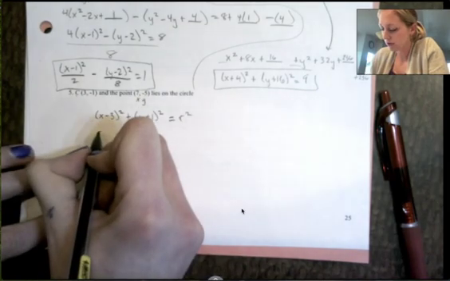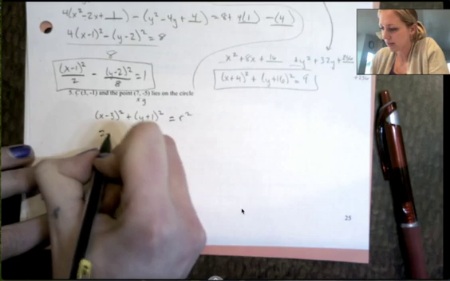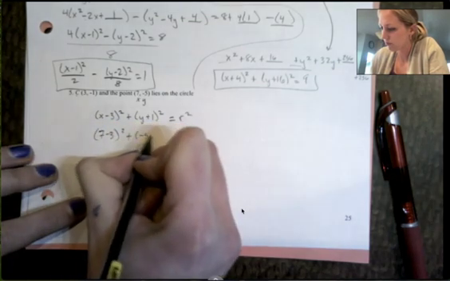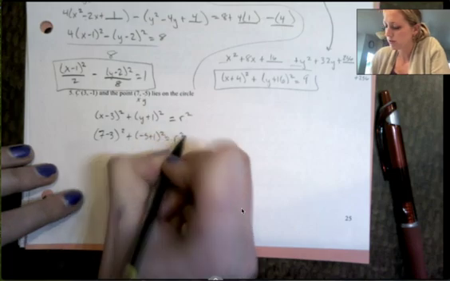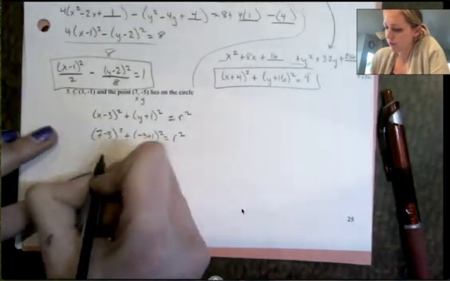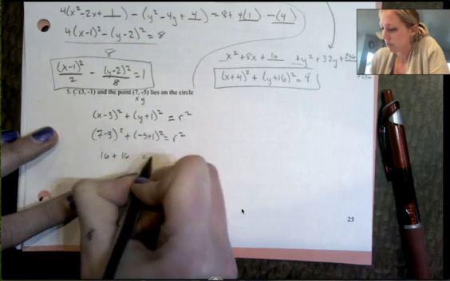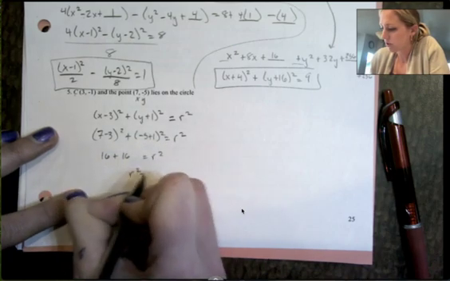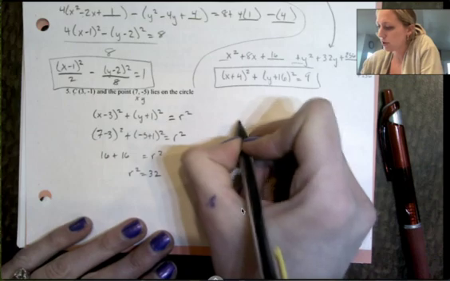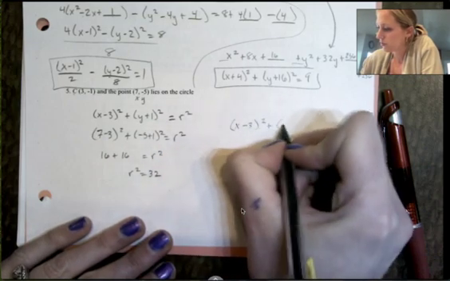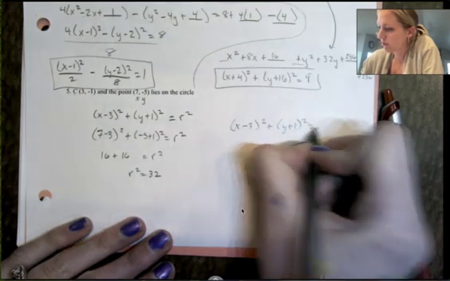So 7 minus 3 squared plus negative 5 plus 1 squared equals r squared. So we get 4 squared is 16 plus negative 4 squared, which is another 16. So r squared equals 32. So for my equation, I could do x minus 3 squared plus y plus 1 squared equals 32.